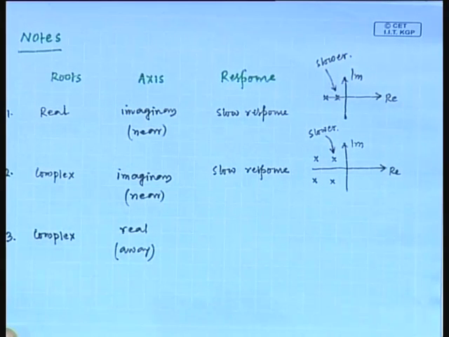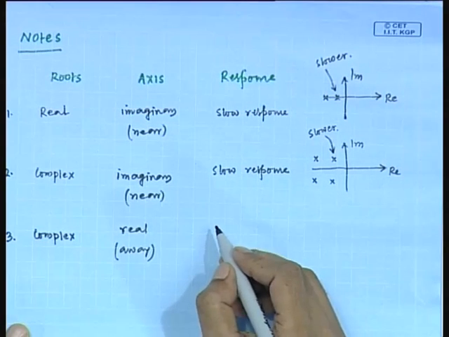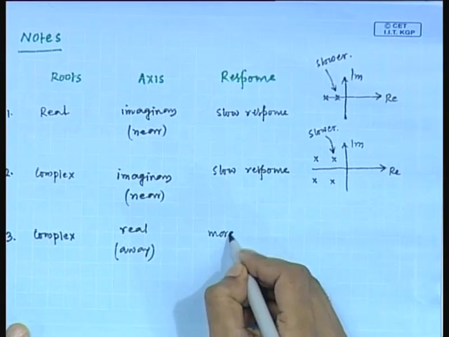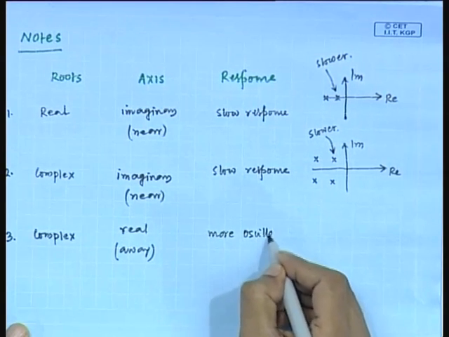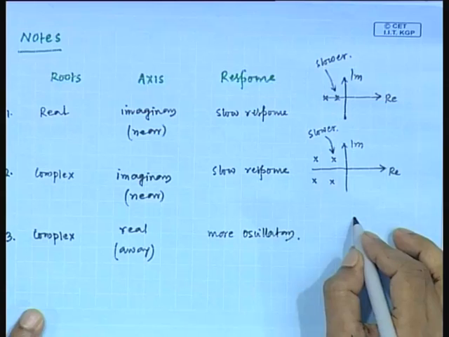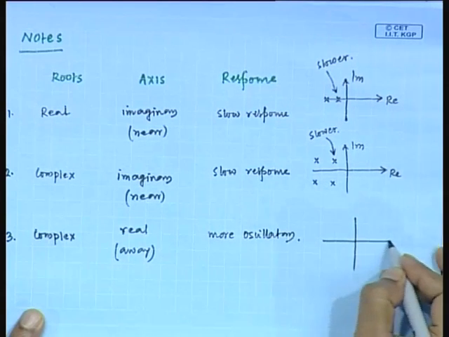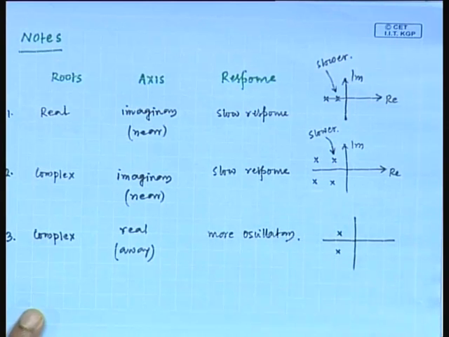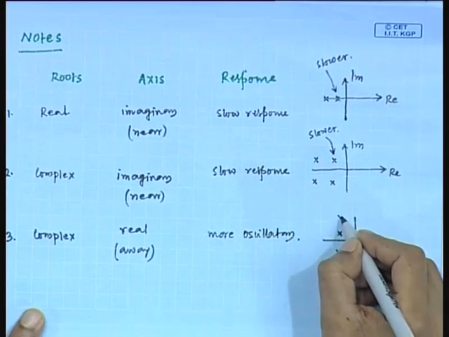The more the complex roots are away from the real axis, the more oscillatory the transient response will be. Say this is one set and another one is this one.